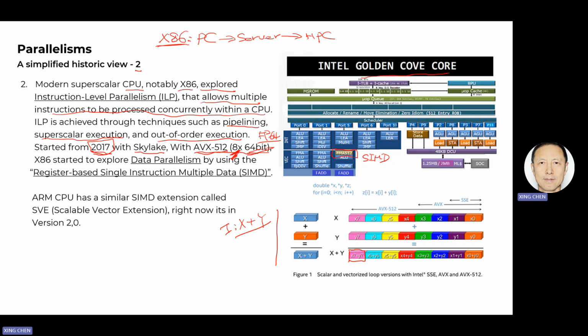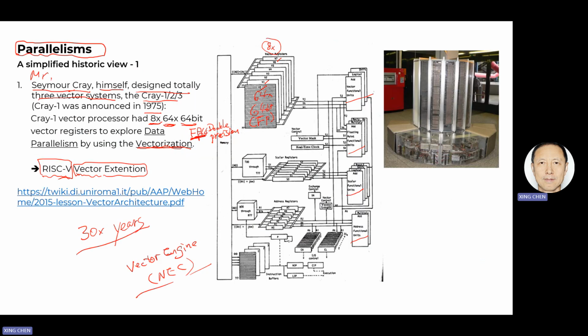But if we come back to the Cray system, each vector register is already 64 times 64 bits. So each vector register is already 8 times bigger than the AVX 512.